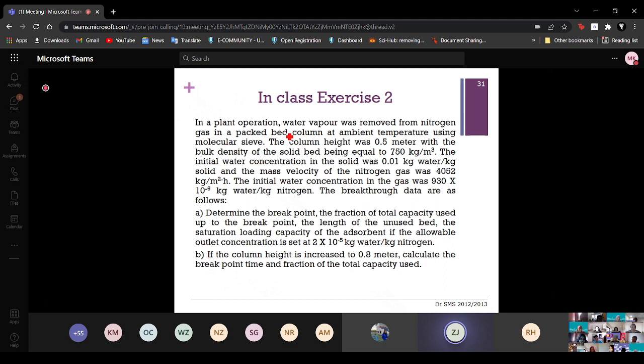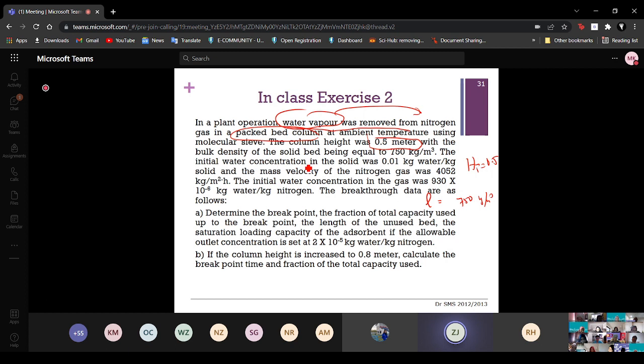So you have water vapor removed from nitrogen. So you want to remove water vapor from nitrogen in a gas stream, using a packed column. The column height is given as 0.5, HT is equal to 0.5 meter, with the bulk density of the bed being 750 kg per meter cube.